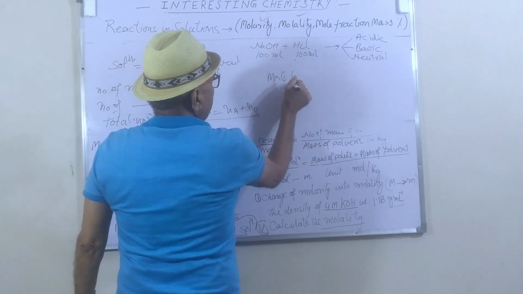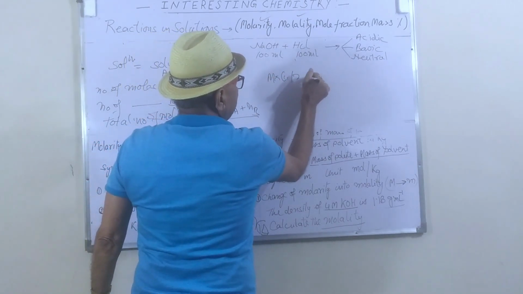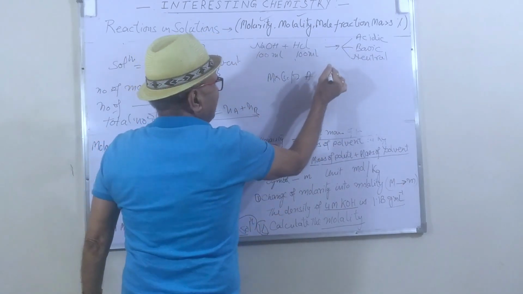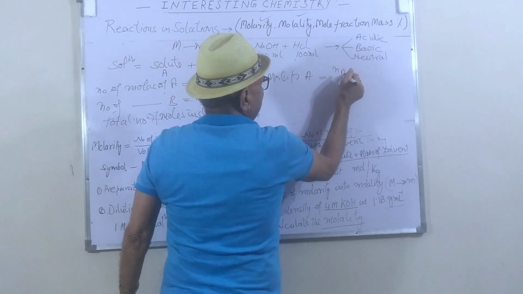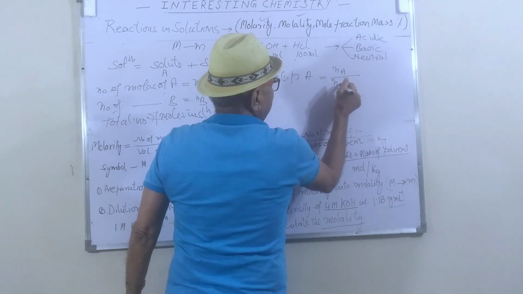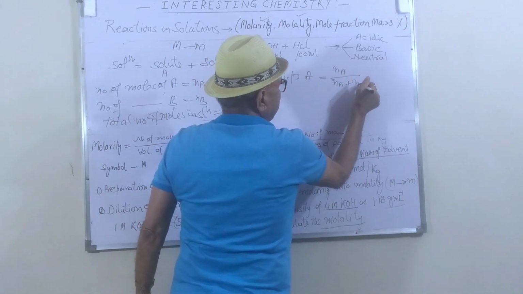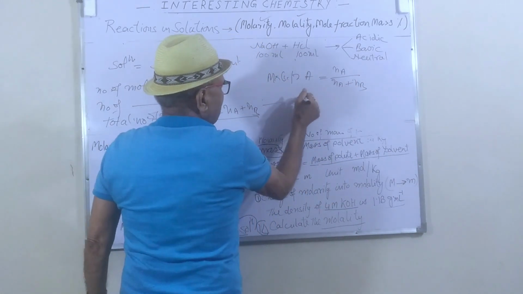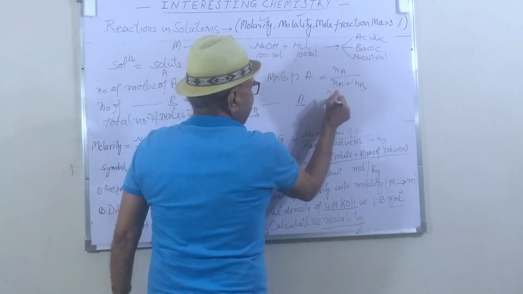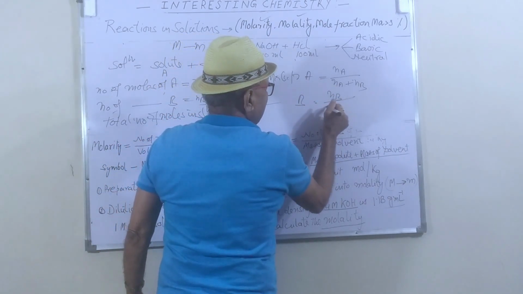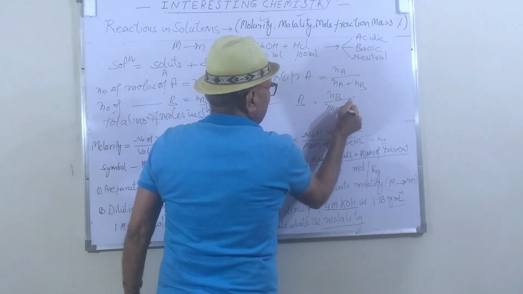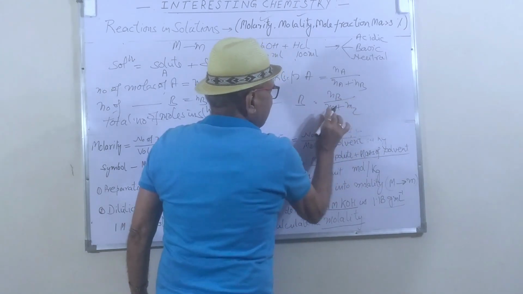The mole fraction of A is equal to Na upon Na plus Nb, and the mole fraction of B will be Nb upon Na plus Nb.